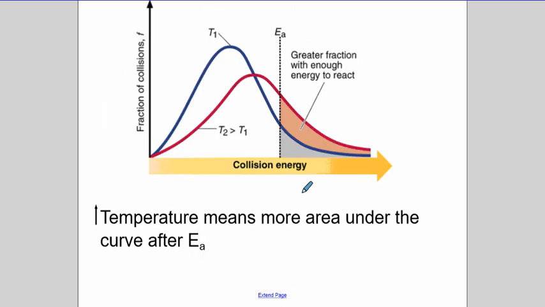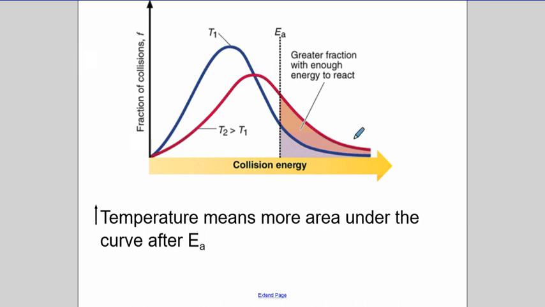So that being said, the general idea here is that one graph is going to show a greater percentage of its substance as being activated. If we're comparing T1 and T2, which is greater than T1 here, this line right here is a higher average temperature.